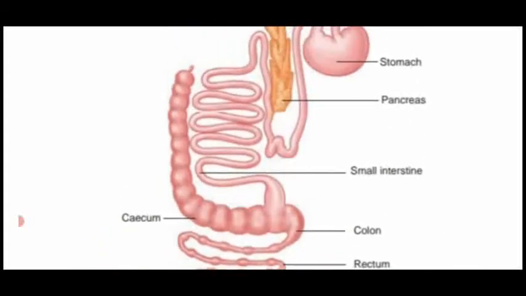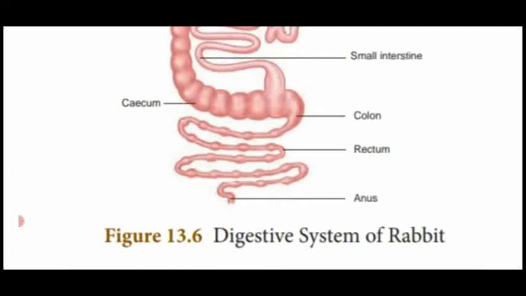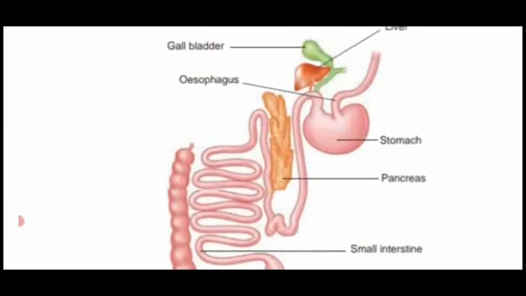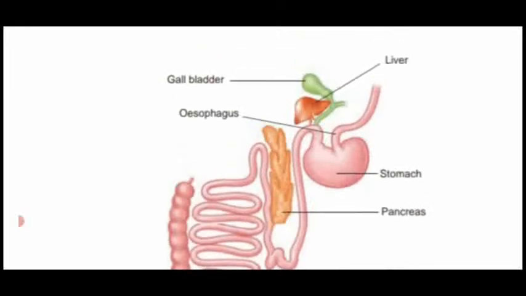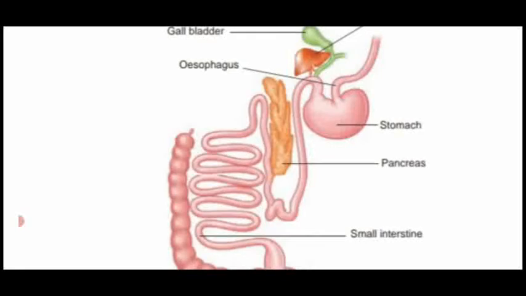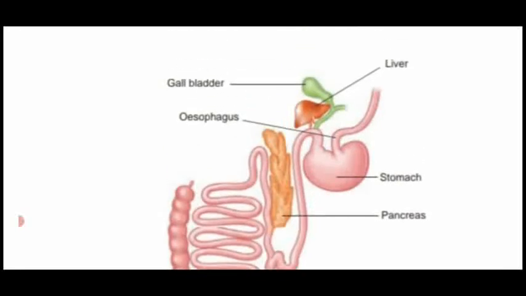So this is said to be the alimentary canal system of rabbit. And also this digestive system consists of digestive glands: the salivary glands present in the mouth region, then gastric glands present in the stomach, then intestinal glands, pancreas, and also liver.